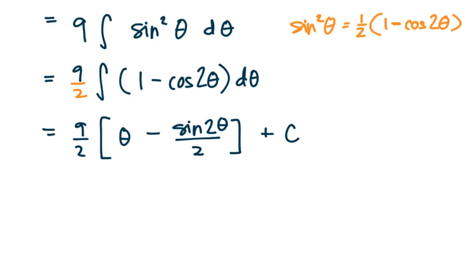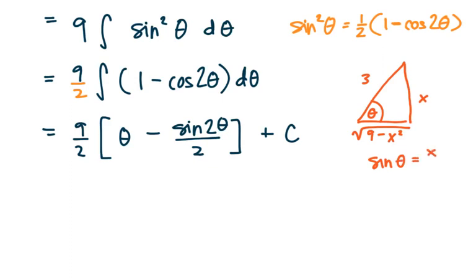So there's only algebraic manipulation at this point. One thing is when I go back to the way I set up my reference triangle, we had x, 3, and the square root of 9 minus x squared. All right, we said that sine of theta is x over 3.